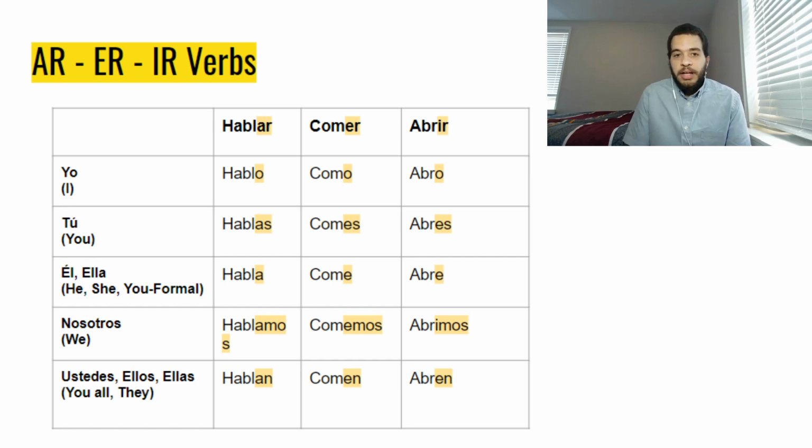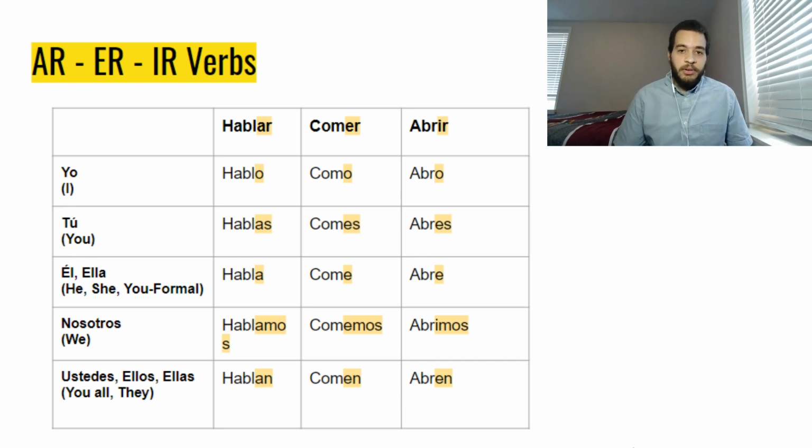Our last verb here is abrir, which means to open. This time I'll say them without the pronouns before them. So pay attention. Abro, I open. Abres, you open. Abre, he, she opens, or you, formal, open. Abrimos, we open. Abren, they open, or you all open.